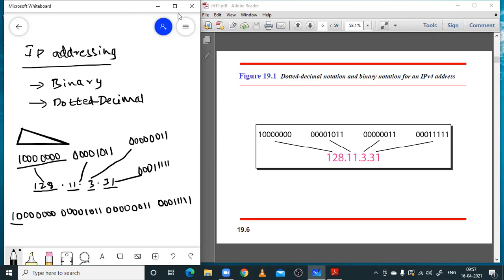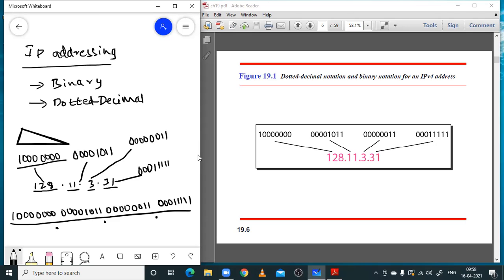So this is the IP address of a particular device. This is hard to remember. Zeros and ones are hard to remember and hard to know. So instead of using binary representation, we use dotted representation. After the first octet we place a dot, similarly after the second octet a dot, and similarly after the third octet a dot.